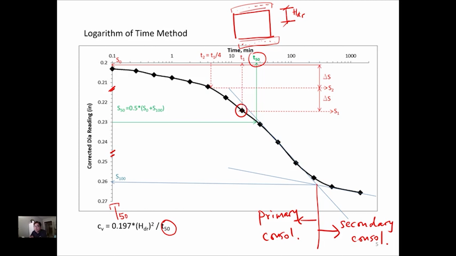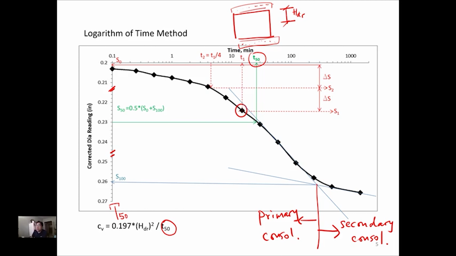And the good news is we keep track of the change of the soil specimen height with a dial gauge on top of it. Provided that the readings on the y-axis here, you have already processed, means you have already taken care of the zero reference, zeroed the data, taken care of the machine deflections, and also taken care of the polarity.